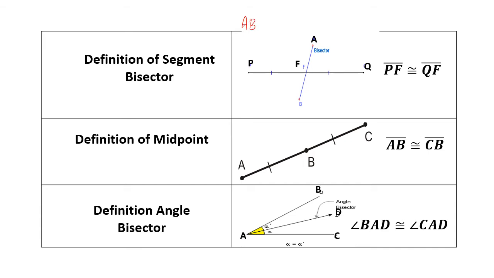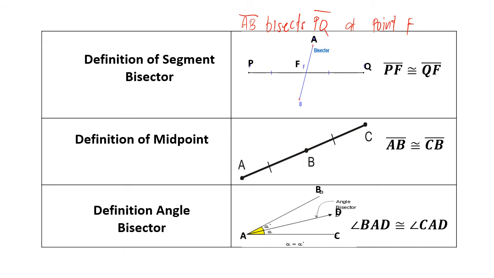Side AB bisects side PQ at point F. So here, side AB is our bisector. What does it mean to have a bisector? Meaning to say, it will divide the segment PQ into two equal parts. So it will state congruency.